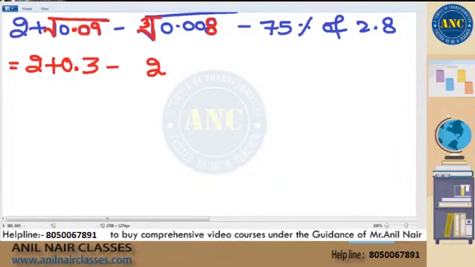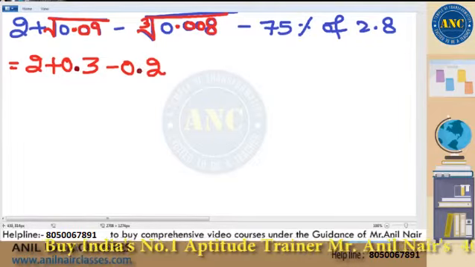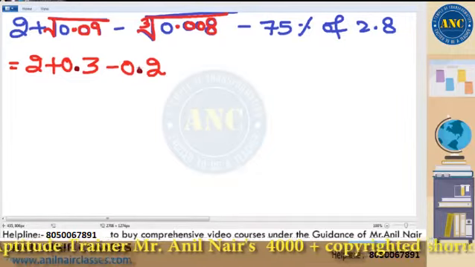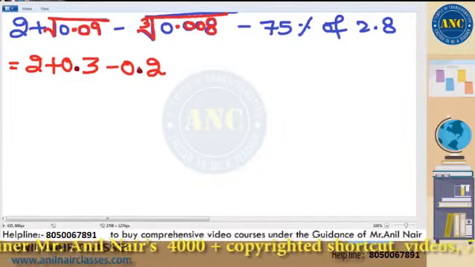Inside the cube root, after 3 places there is a decimal point. Outside, after 1 place it should be. That means for square root, if I square 0.3, after 2 places decimal will come. If I cube 0.2, after 3 places decimal will come. If I raise 0.2 to the power of 4, after 4 places decimal will come. Same logic will be applicable for any other number.